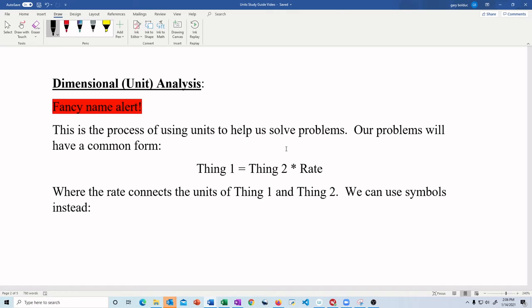Well, dimensional or unit analysis is all about saying, no, actually, the units can do a ton for you. Because if you understand how units combine, you can solve problems just using that. It's crazy. If you understand the units and the way the units have to combine, then you can take a problem that seems kind of difficult to even start, and it can give you a formula, a place to go.